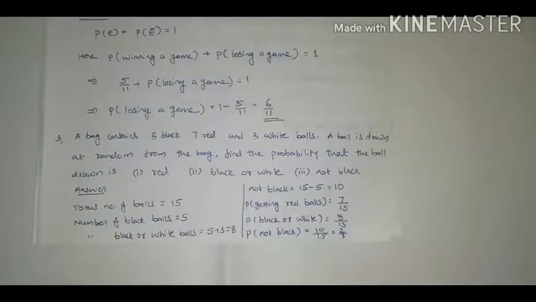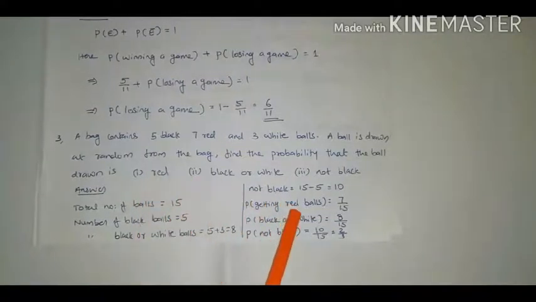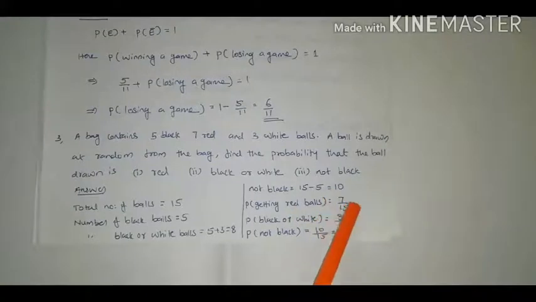Then we can move to the first question, that is the probability of getting a red ball. Total 15 balls are there, among them 7 are red, so it should be 7 by 15. We are using the formula: probability of getting an event is equal to the number of outcomes favorable to E divided by the total number of possible outcomes.